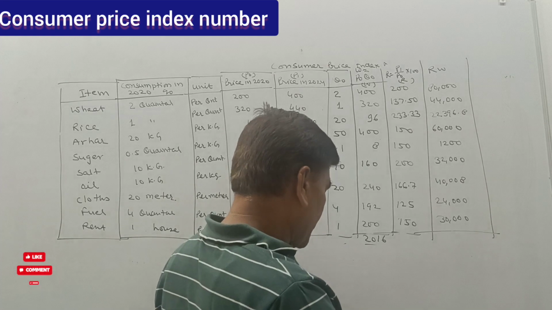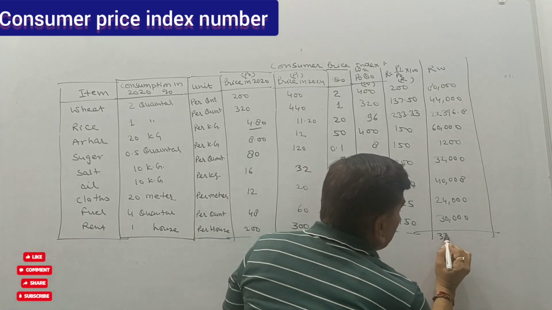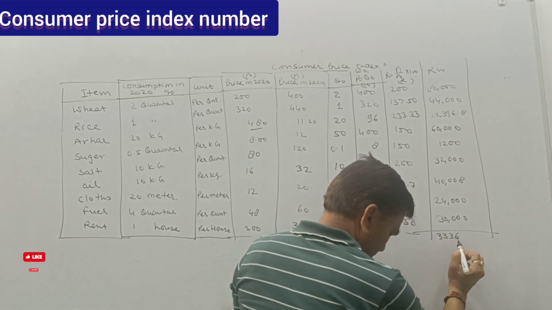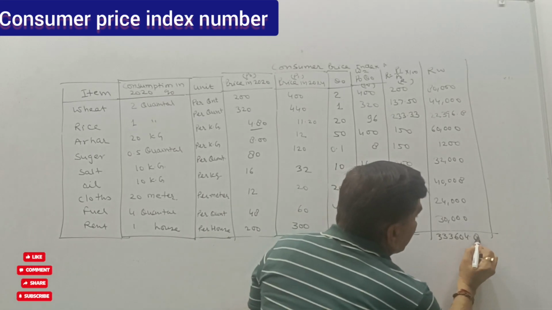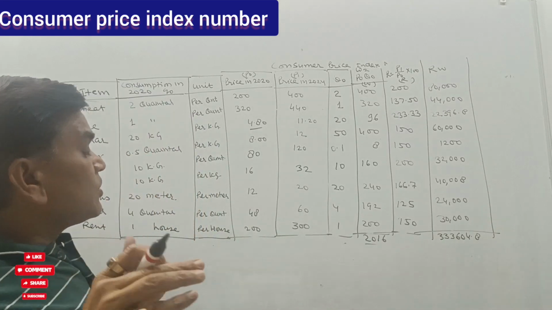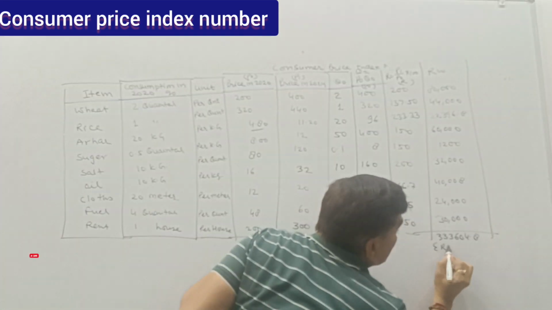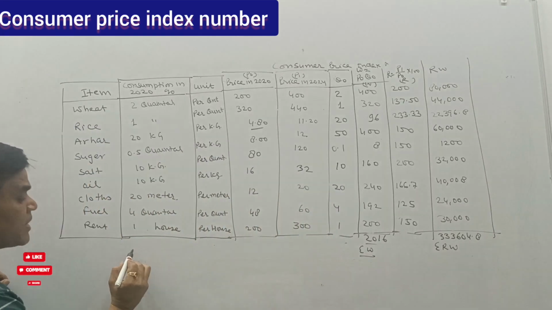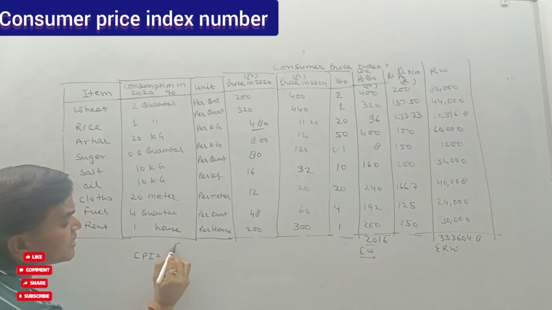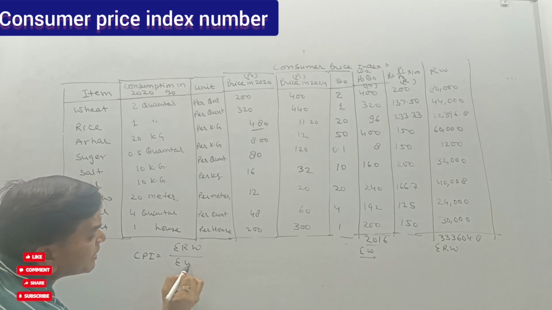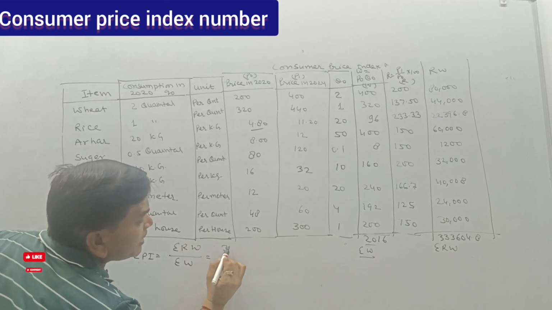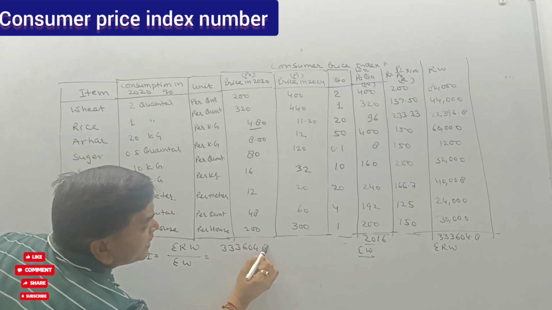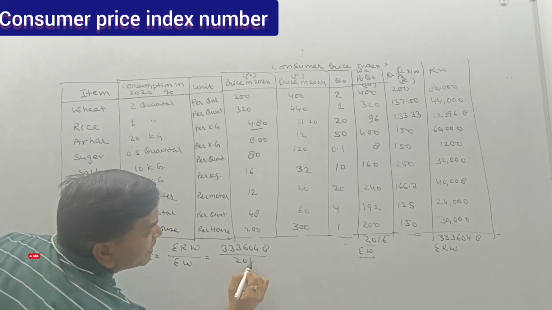So the addition of this is 333,604.8, and this is sigma RW, and this is sigma W. For getting the family budget consumer price index, that is sigma RW divided by sigma W, so 333,604.8 divided by 2016.